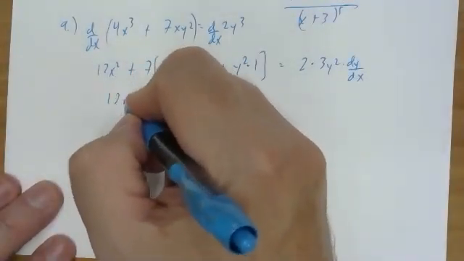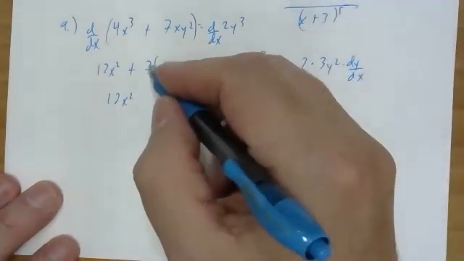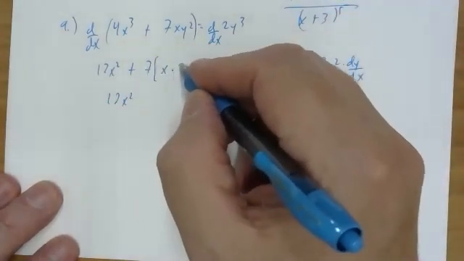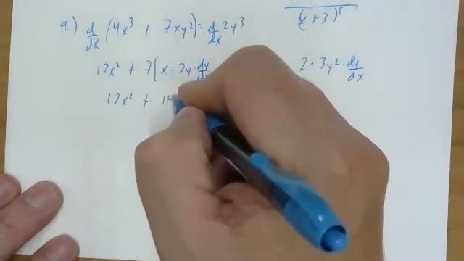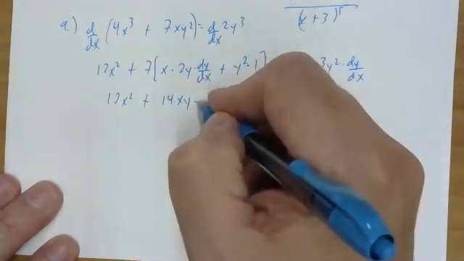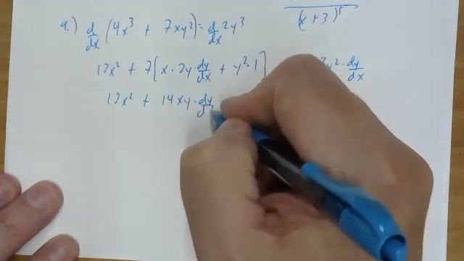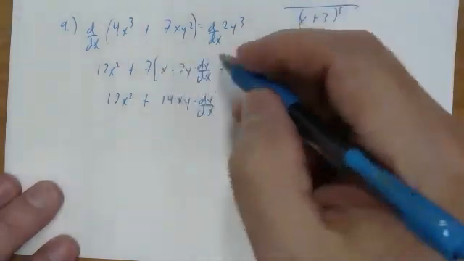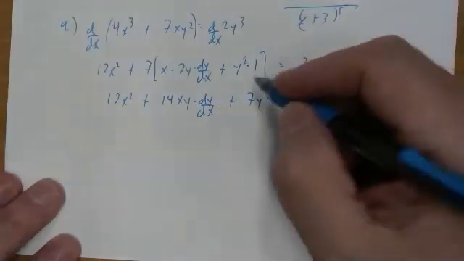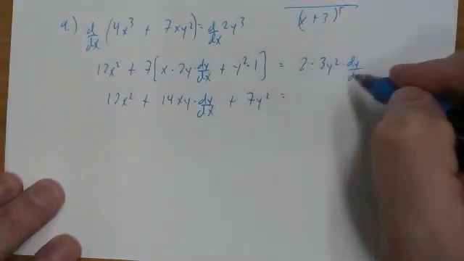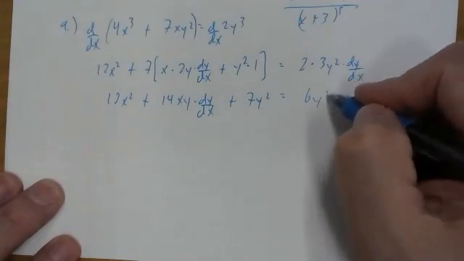So 12x squared. So 7 times x times 2y dy dx. So it's 14xy dy dx plus 7y squared equals 6y squared dy dx.